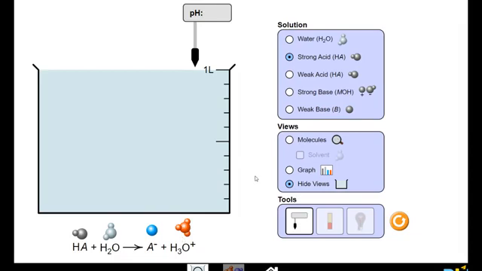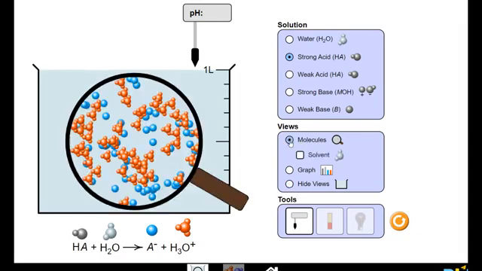So if I look at the particulate level, then I'm able to look and see how my anions are dissociated from the acid's ion. The chlorides are by themselves, and the hydronium ion is also dissociated. So we can see that since water is part of the reaction, if I click on my solvent, that water is surrounding all of those ions as well.